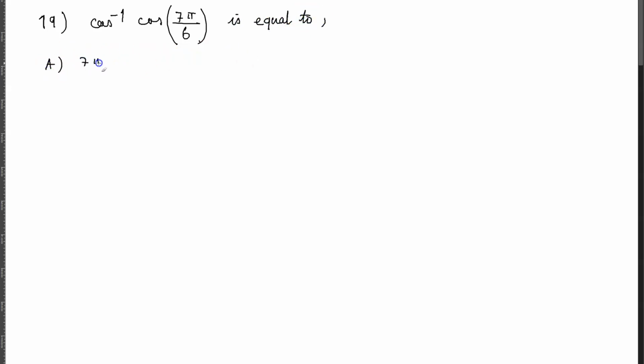Choice A is 7 pi by 6. Choice B is 5 pi by 6. Choice C is pi by 3. And choice D is pi by 6.